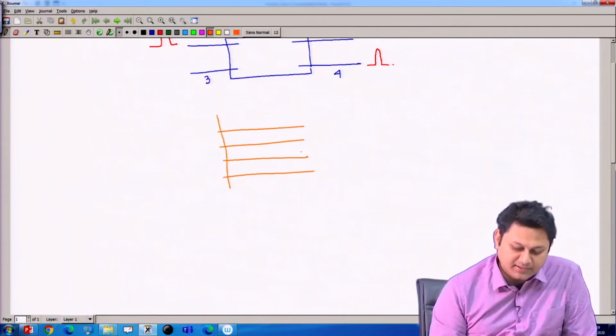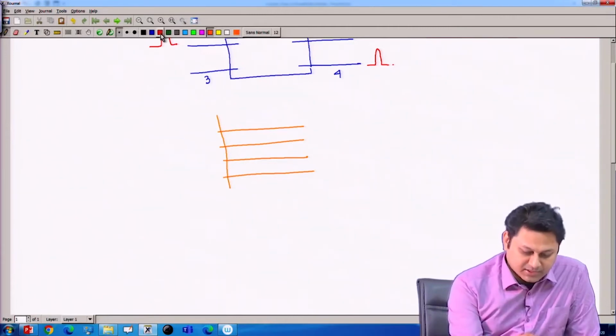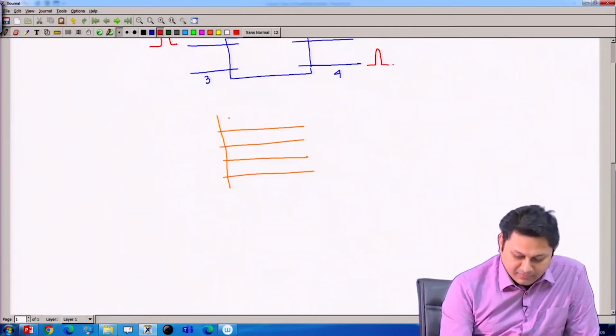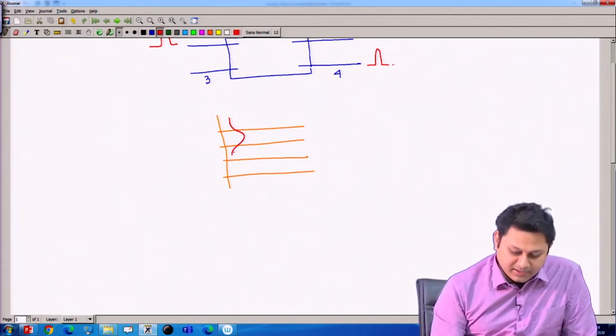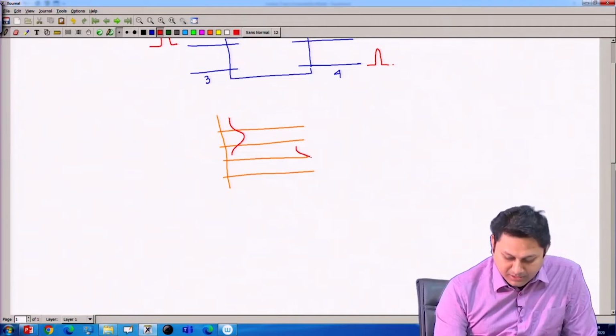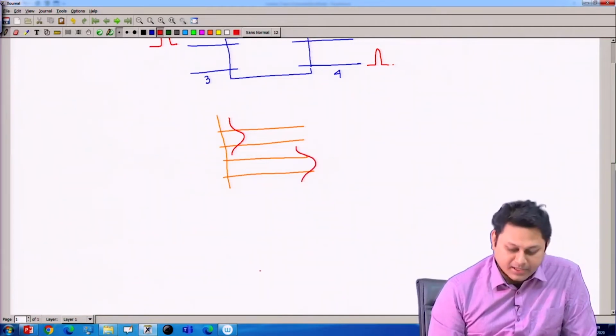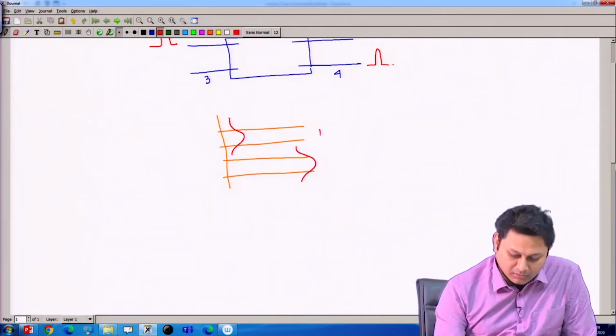Suppose these two waveguides are placed very close to each other and I have an initial wave here, and at a certain distance this wave will come to this waveguide. So, this is waveguide 1 and this is waveguide 2.